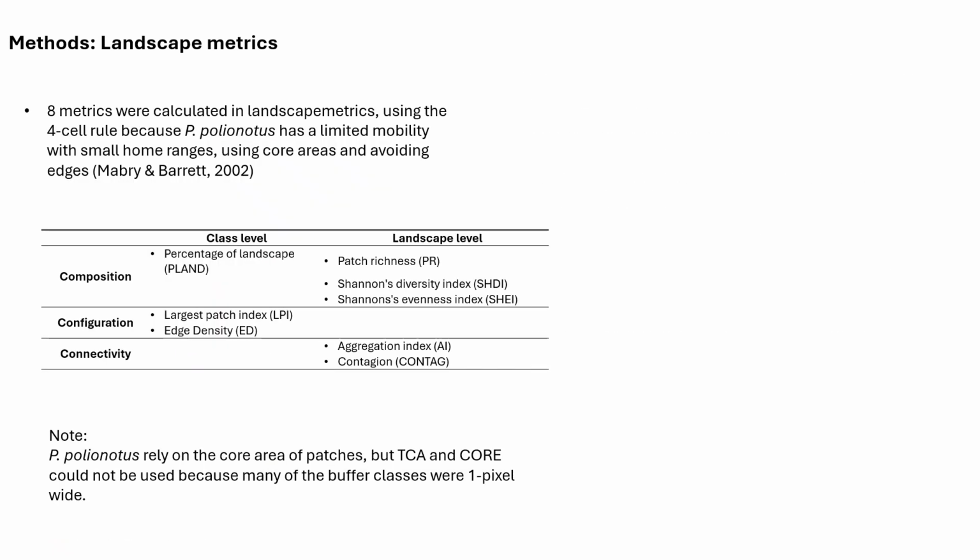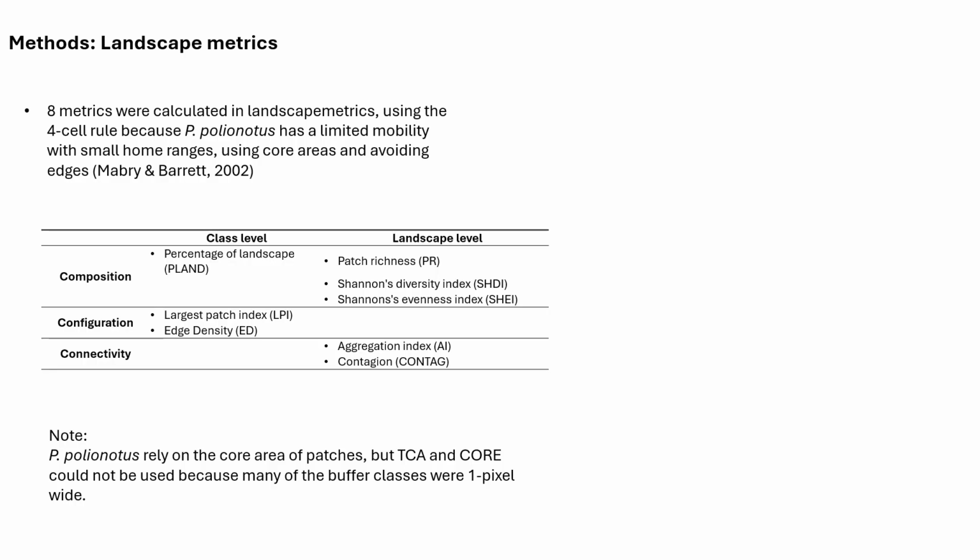To describe the landscape around these occurrences, I calculated metrics in R with the landscapemetrics package using the 4-cell rule, because Oldfield mouse has small home ranges, relies on the core of patches, and tends to avoid edges, so diagonal connections are less meaningful for this species.